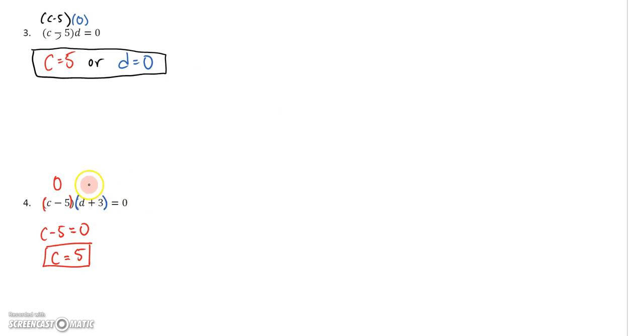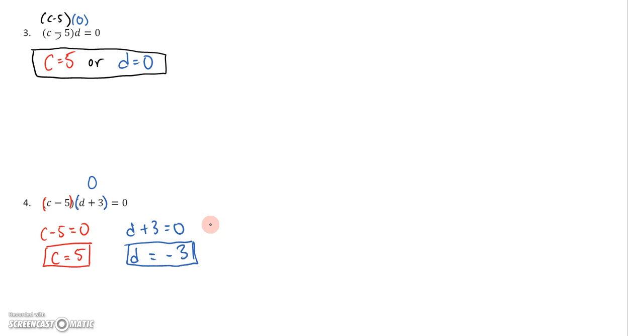Or d plus 3 is 0. And what would happen there? If d plus 3 equaled 0, d would have to be -3. Subtract 3 from both sides and you get -3.